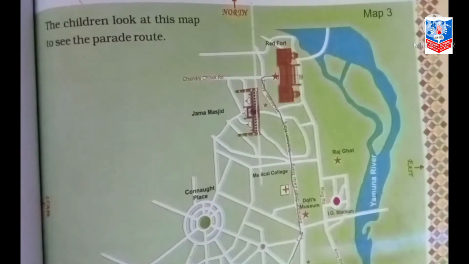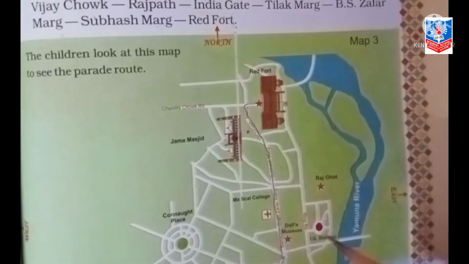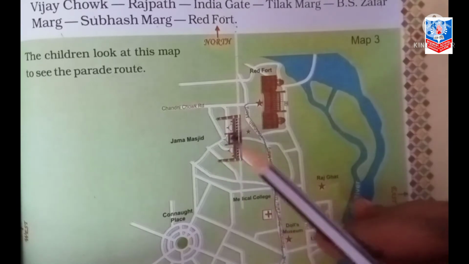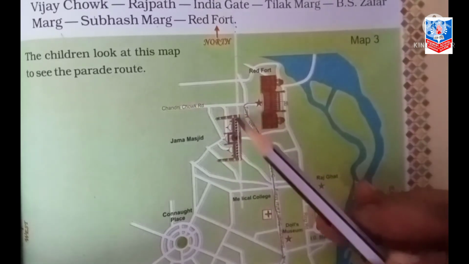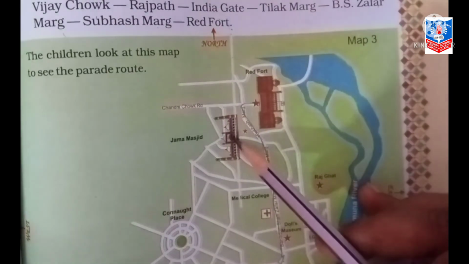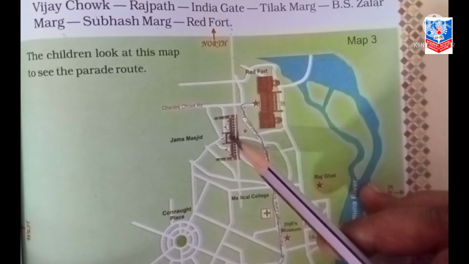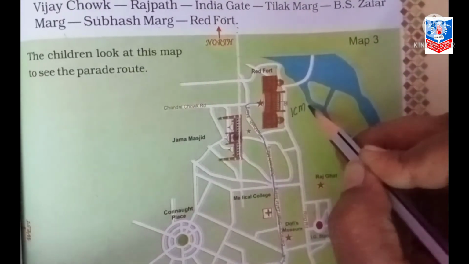Now see, our next question is, if Rubia is coming from Jama Masjid to join the parade, guess about how far she will have to walk. Now see, Rubia joins the parade from Jama Masjid. So from Jama Masjid to Red Fort is 1 centimeter. How much is 1 centimeter? Here it is 1 centimeter.